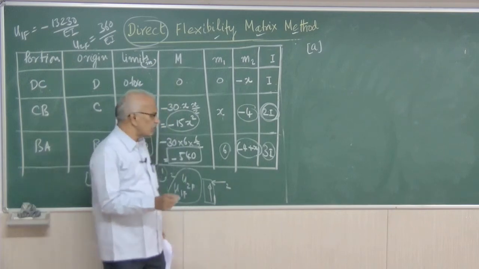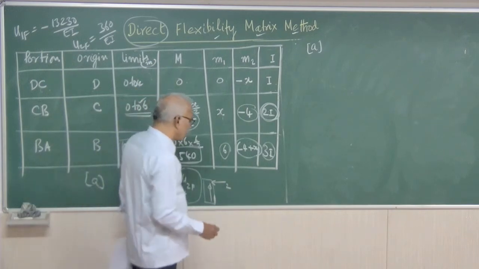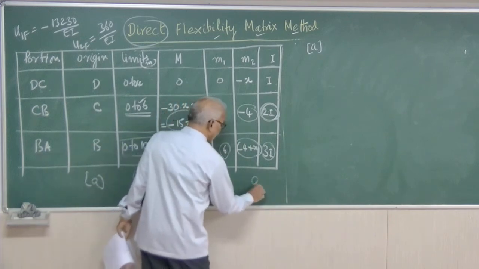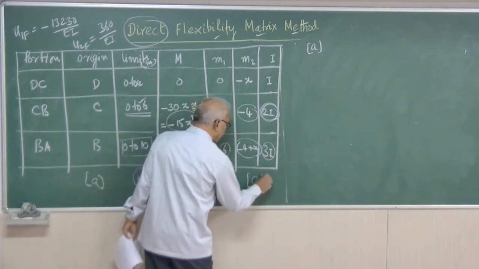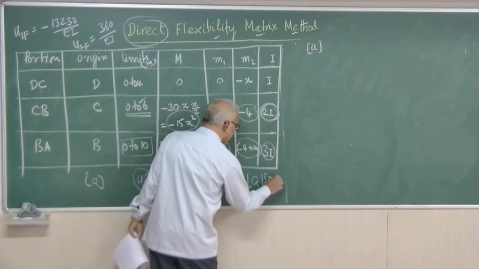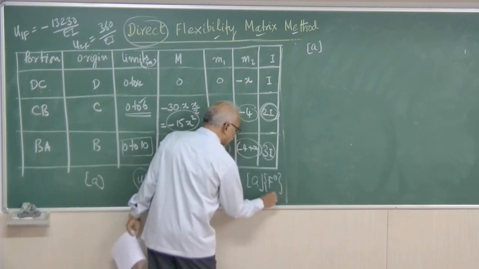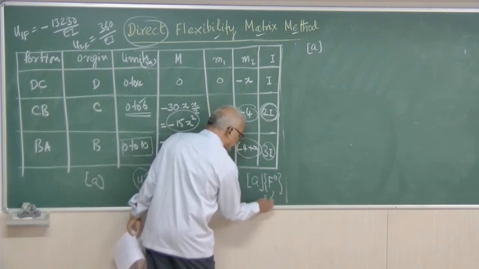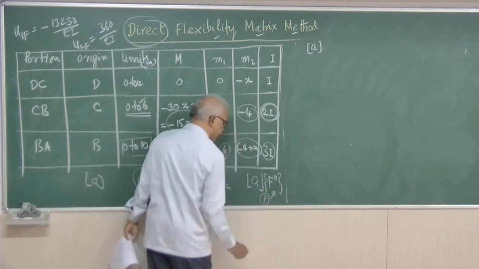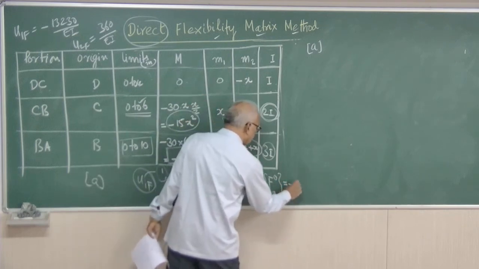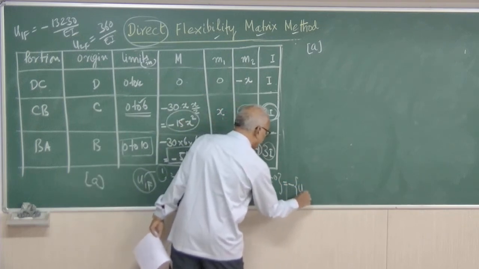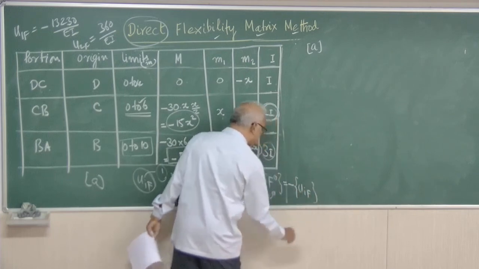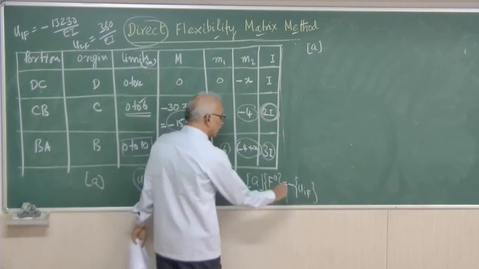So those displacements you have to find out, because A will be due to the unit value of the redundant, F0 will be the redundant forces. This is what we are going to find out. This is equal to minus of UIF. This is the compatibility equation. So this we have got it.